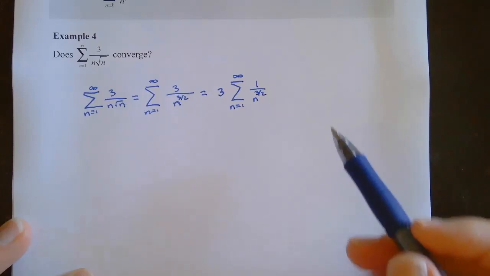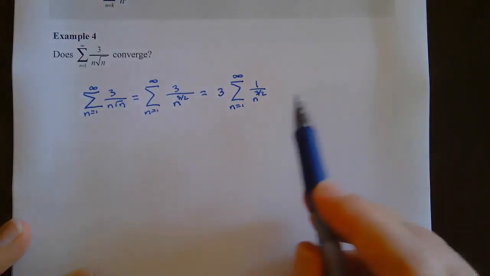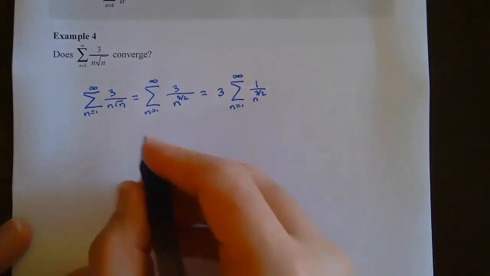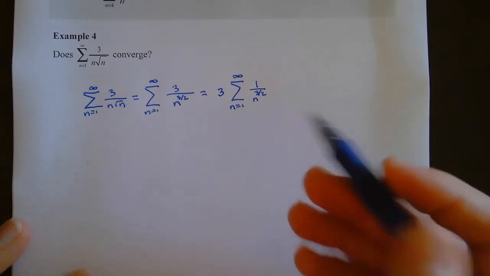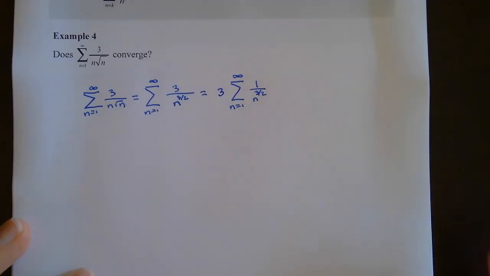Okay, so we have 1 over n to the p. What's our p value? p is 3/2, and it's bigger than 1. So that tells us it converges.